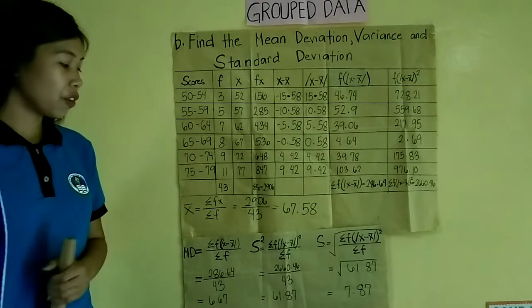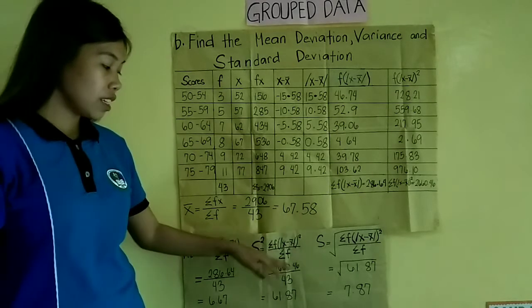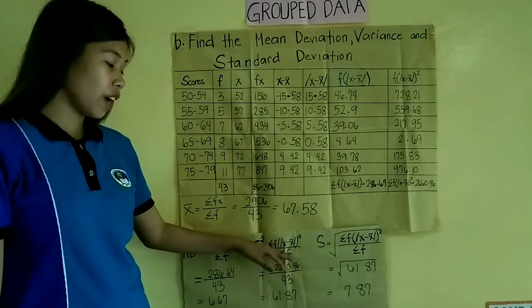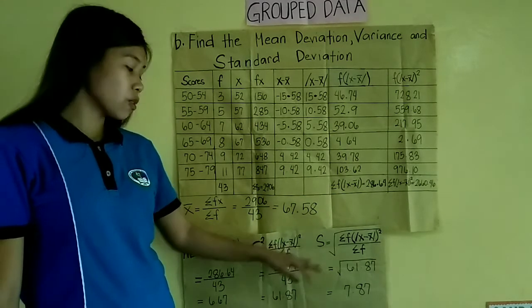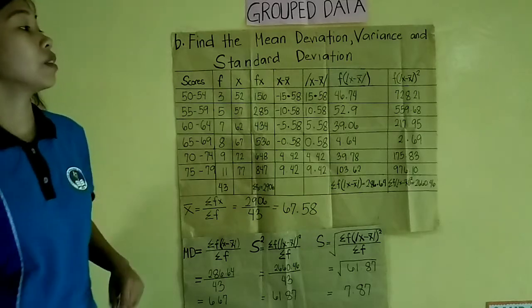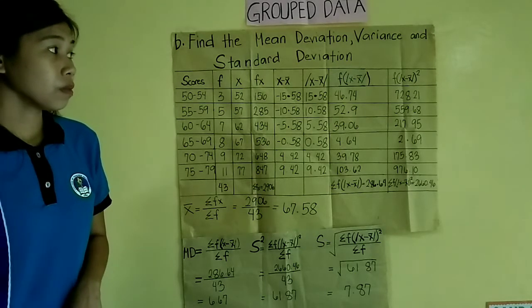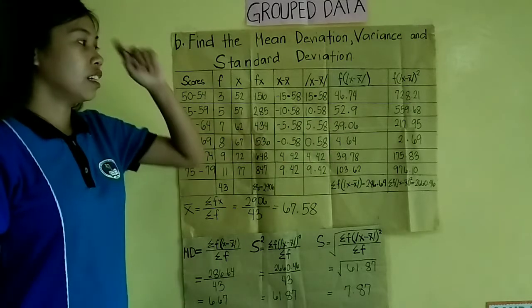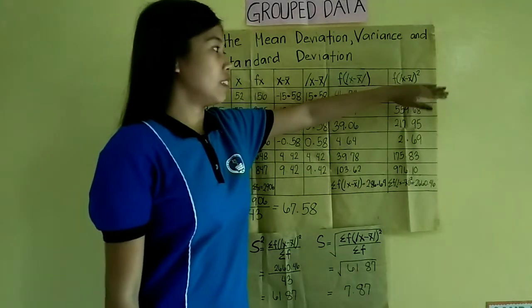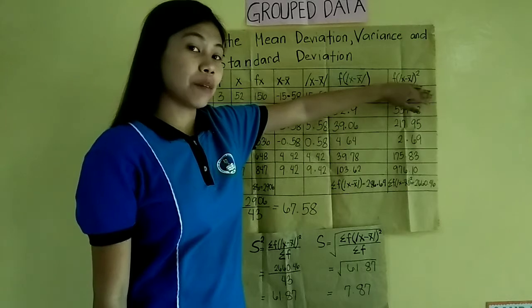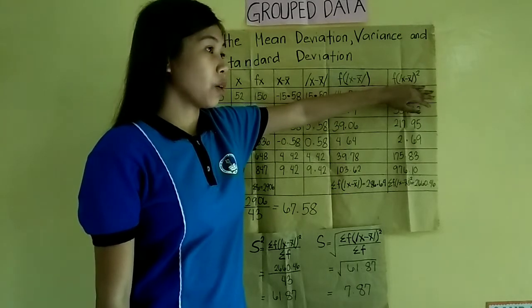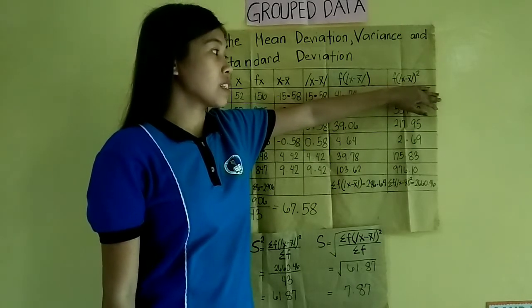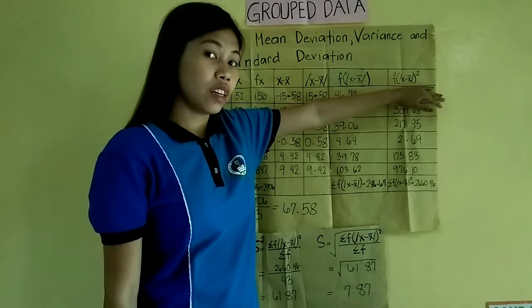Now, in finding our variance, s squared is equals to summation of f, the quantity of x minus mean squared, over summation of f. So, to get this, we go back to our table. This one. So, frequency times the quantity of x minus mean squared.